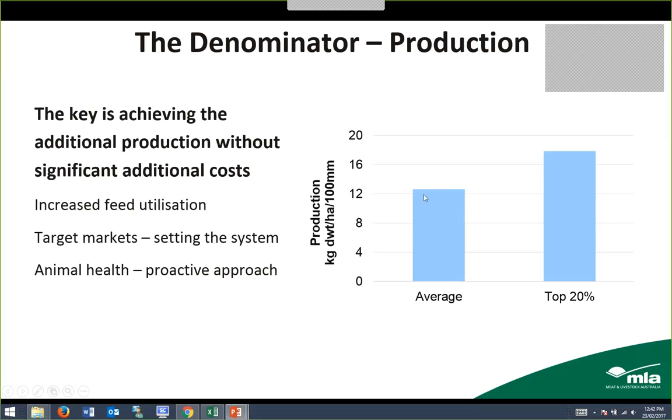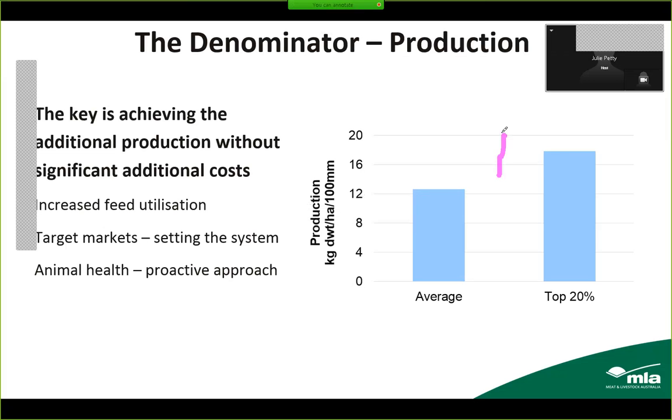This here equates to roughly a 40% difference, I think, in production between here and here. And so really understanding what level of production you've got is absolutely critical. It's the denominator, it's the thing that drives a low cost of production.